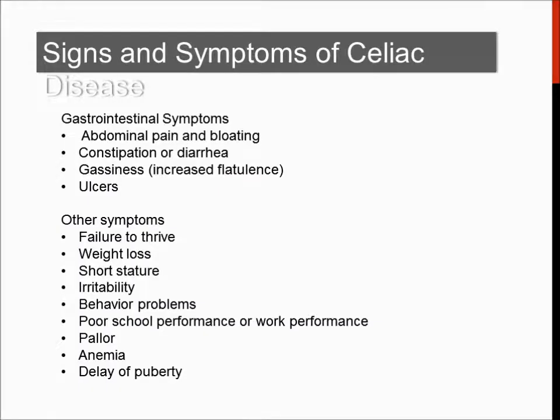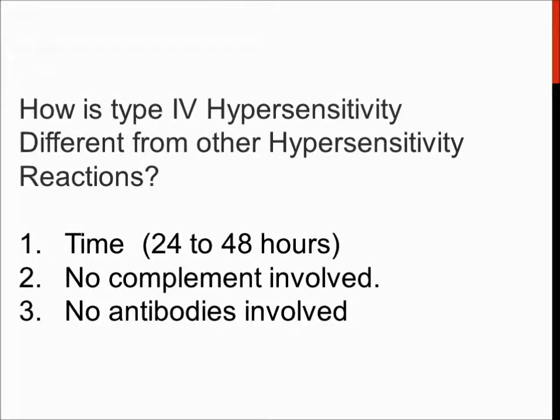This is a listing of all the signs and symptoms of celiac disease. As you can see, most of them are concentrated in your upper and lower intestine, and some of them are quite, shall we say, unfortunate in the company of others, such as gassiness or increased flatulence.